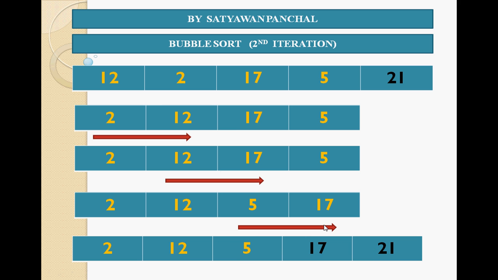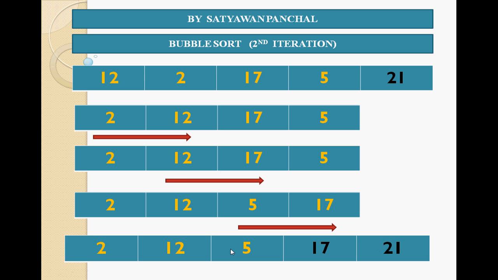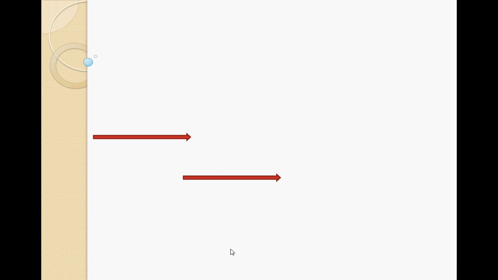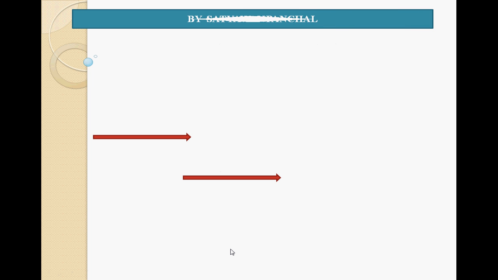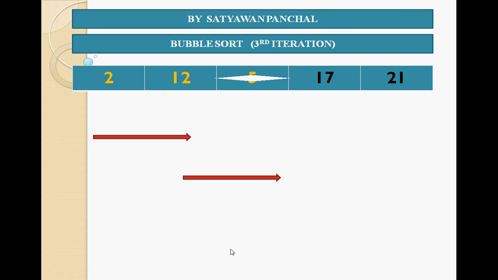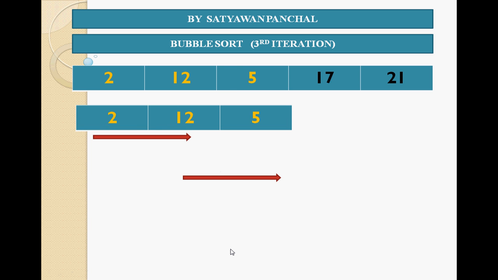Now we can see here that the last element 21 was already fixed, and in this iteration we have fixed the next element, that is 17. Now the list I am left with contains 3 elements that will be sorted in the next iteration. Okay, let us move to the next iteration, that is the third iteration. In the third iteration we'll be doing the same thing. 2 will be compared with 12. 12 is already heavier.